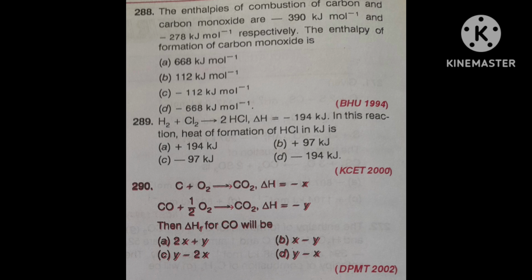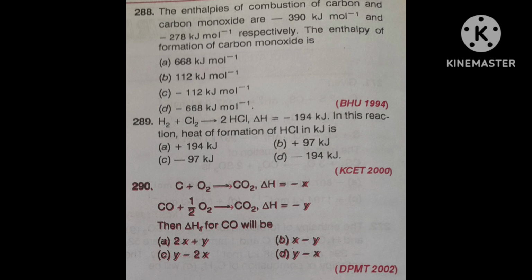Here again you have to do equation 1 minus equation 2, because if you reverse the second reaction, CO2 will cancel, and you want the heat of formation for CO, that is C plus half O2, correct? So you get CO by doing equation 1 minus equation 2.